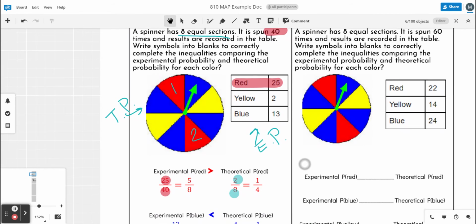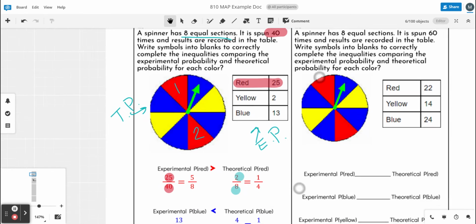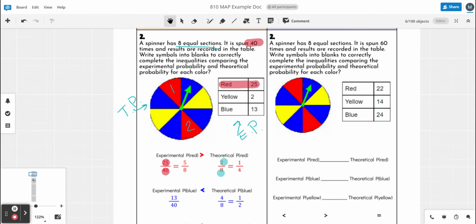Now, if you're ever not sure which fraction is bigger, you can divide your numerator by your denominator in your calculator and compare the decimals to see which one is bigger. Or you could look at the 5/8 and 2/8, and we know that 5 is bigger than 2. So in this case, we would put in the greater than sign.